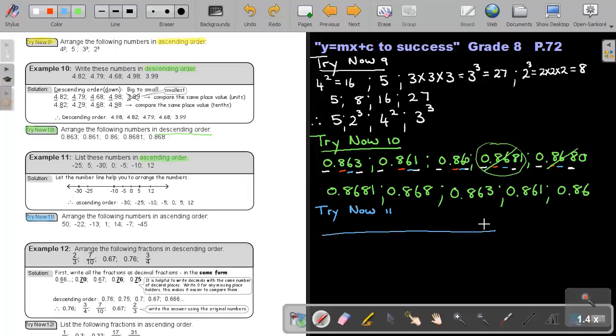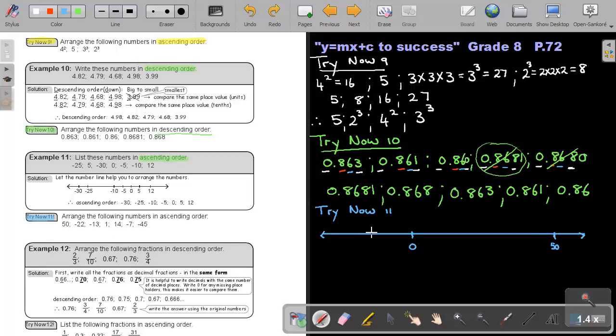I'm just going to make a rough number line, and it's just to help me to place the values. Okay. Let's make that 0. So if we want to write 50, let's write 50 there.